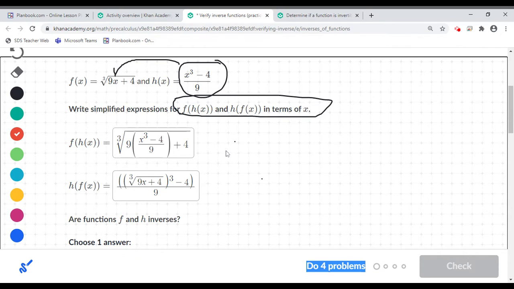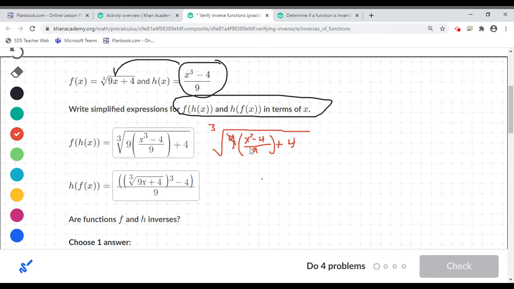Okay, if we're doing order of operations and we're trying to simplify this monstrosity, that's to the third over 9 plus 4. We need to do what's in parentheses first. So the innermost parentheses says start right here. Now we can't simplify anything there, but we can then multiply. Since there's no exponents, let's multiply 9 over 9.